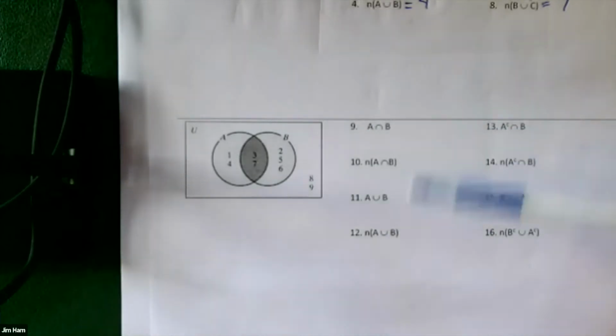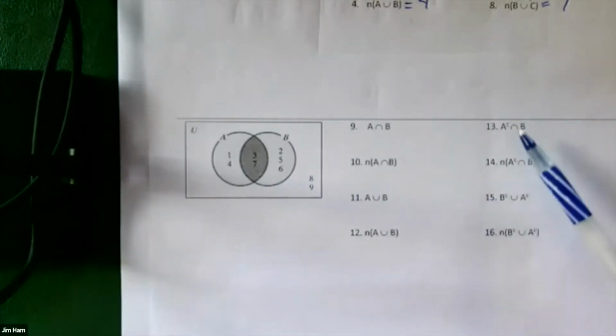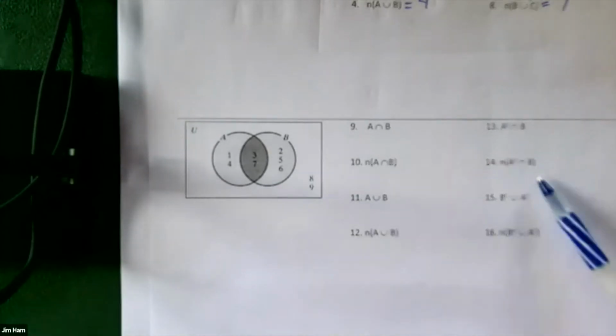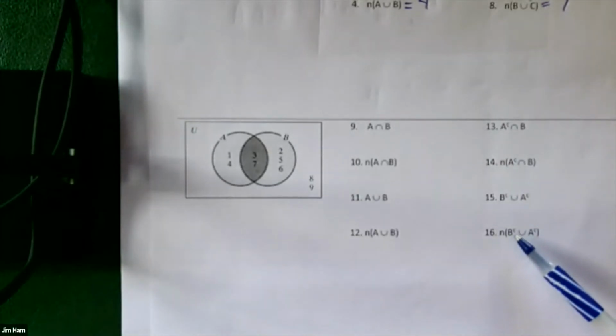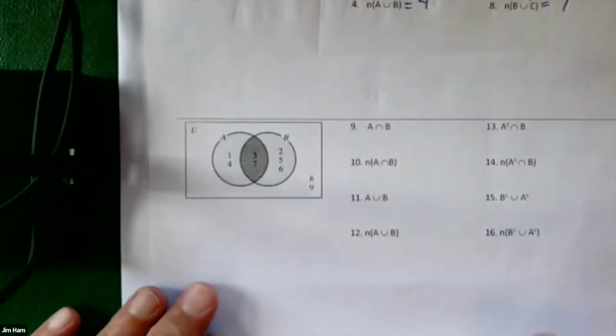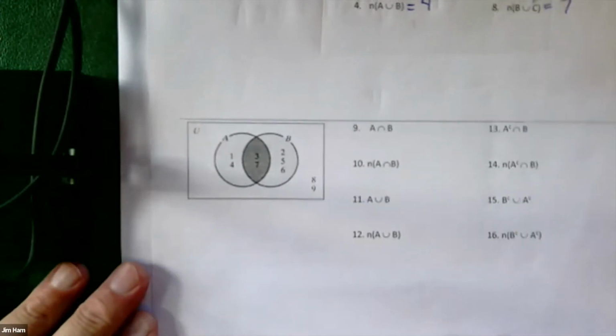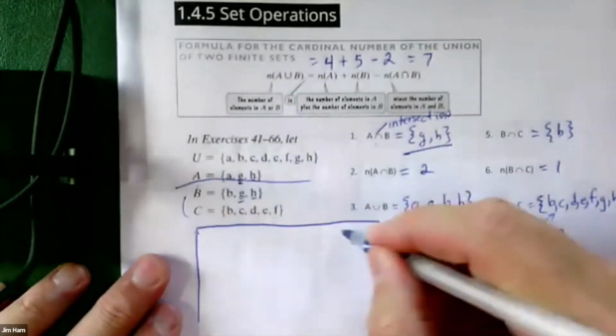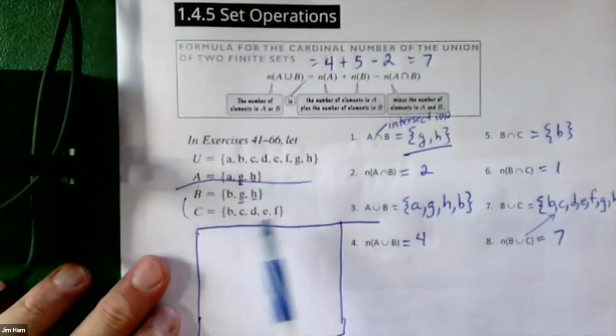As you look over all these problems, you see A complement, you see B complement in places, and some of the similar problems that we had from up here. So the complement is introduced in this one. Now, before I get to those problems, I'm going to draw a Venn diagram for these here.